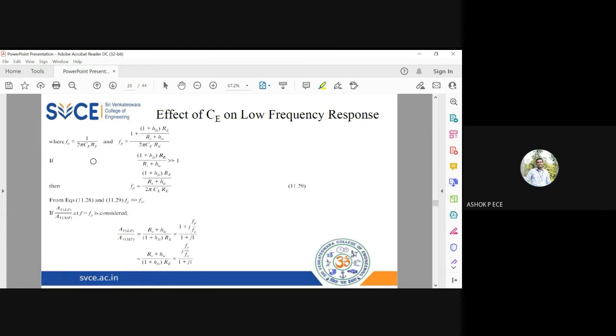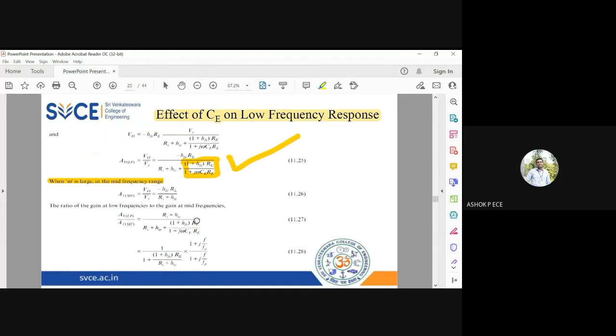F0, I am using as 1 by 2 pi CE into RE, and FP is this big term, 1 plus HFE RE by RS plus HIE divided by 2 pi CE into RE. So I'm using this F naught and FP in the simplified equation so that I can eliminate all the big terms. So when I use that, I'll get this one.